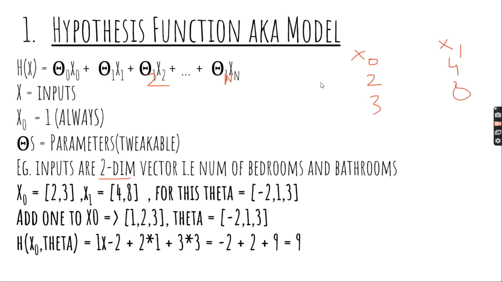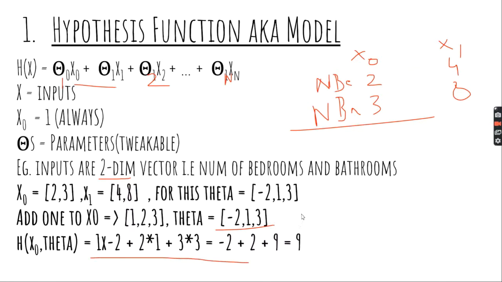The first house has 2 bedrooms, BE, and 3 bathrooms, BA. Based on that, if we have this linear model, we multiply them with the parameters. In this case, the parameter vector thetas is this.